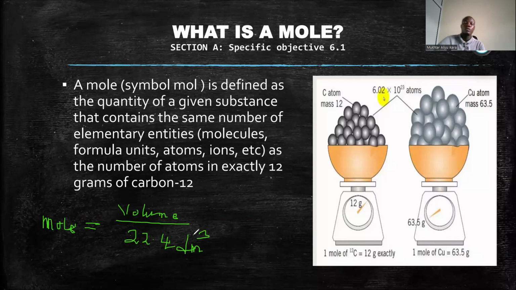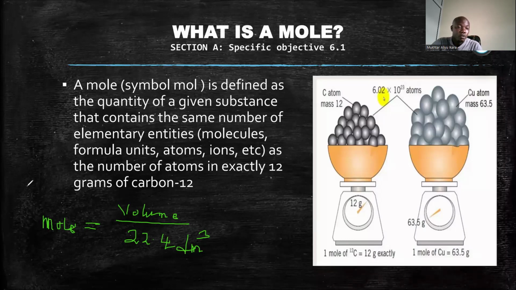You may be given a volume of a particular gas and asked to calculate the mole, or be given the mole and asked to calculate the volume. It's simple because the standard volume at STP, standard temperature and pressure, is 22.4 dm cube. So you can easily do the calculation.